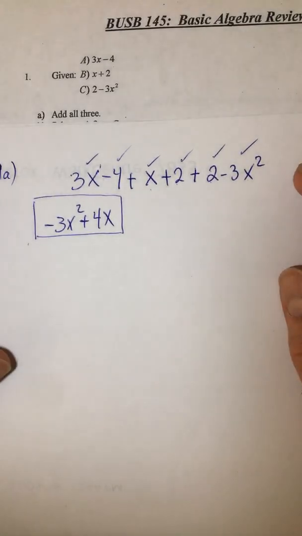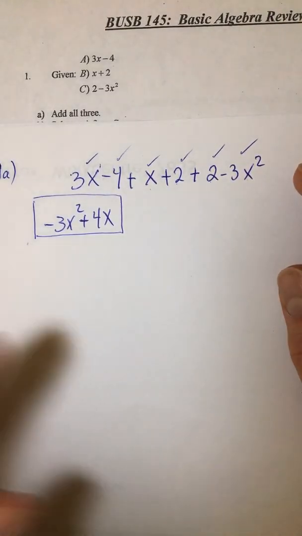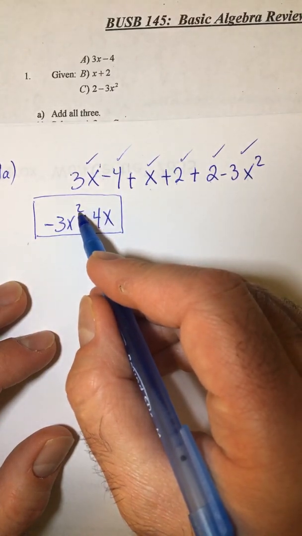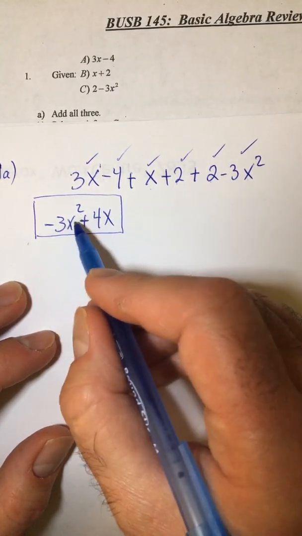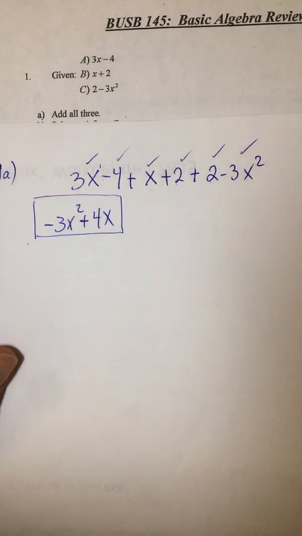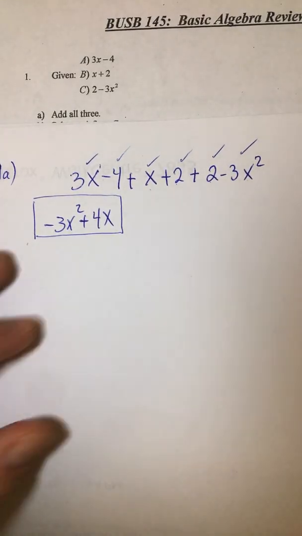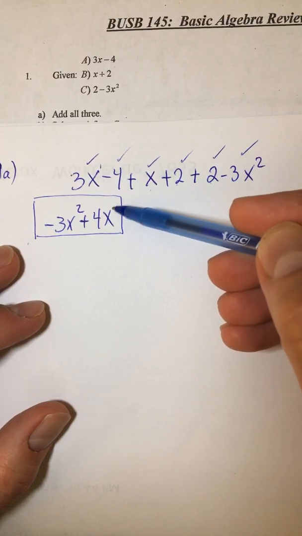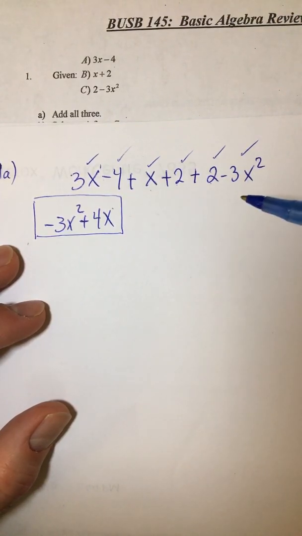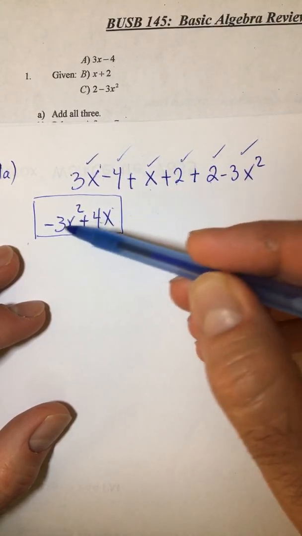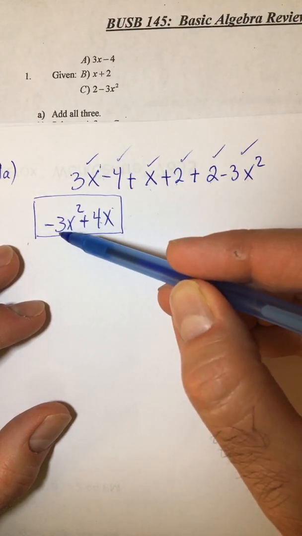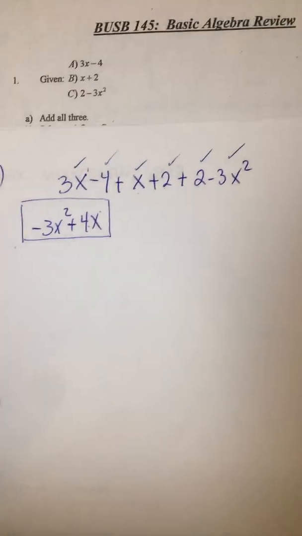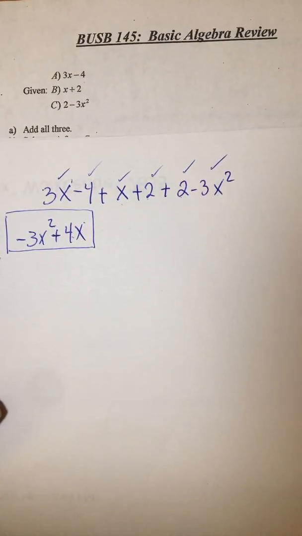Okay, adding all three. Now, there was a reason I put it in this form. Notice the higher exponent is on the left side. We call this the descending order. Descending, that means going down. And the highest exponent is on the left, then the next highest, and so forth if you have more. Now, 4 and negative 3 are considered coefficients. If a number is attached to a variable, then we call that a coefficient.